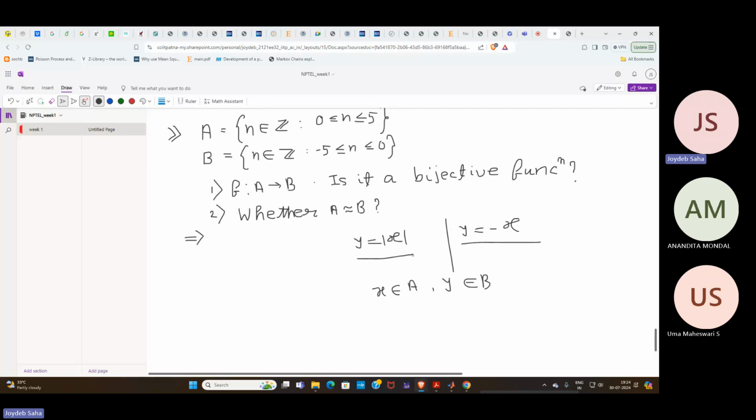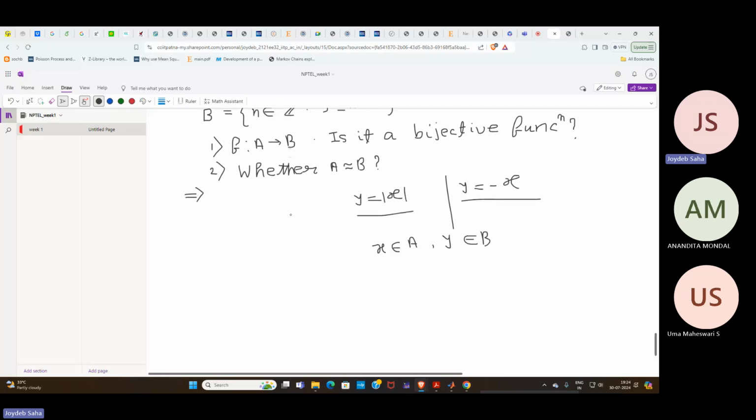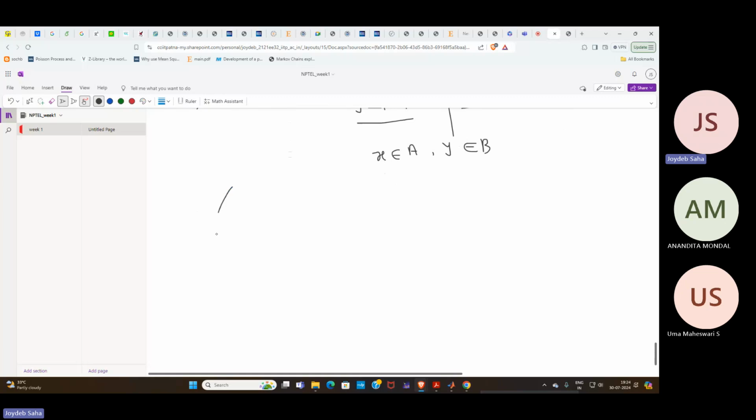There are two options, whether you can say y is equal to mod x, or whether you can say y is equal to minus x. So from A to B we can map like this, so it is equicardinal. 0, 1, 2, 3, 4 and 5.